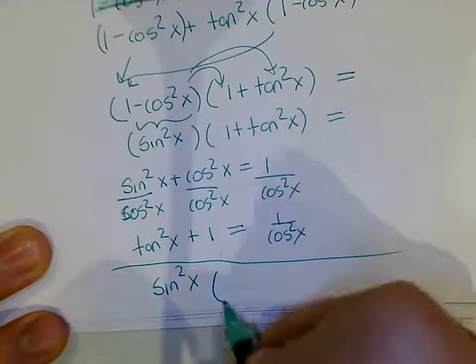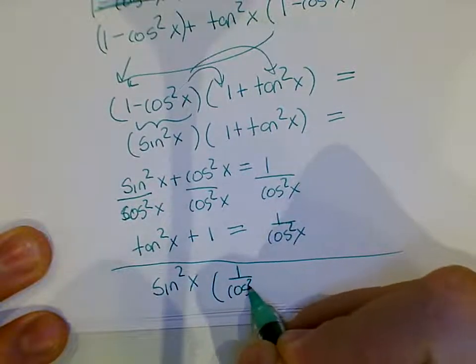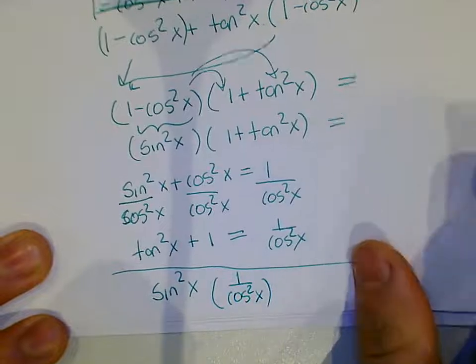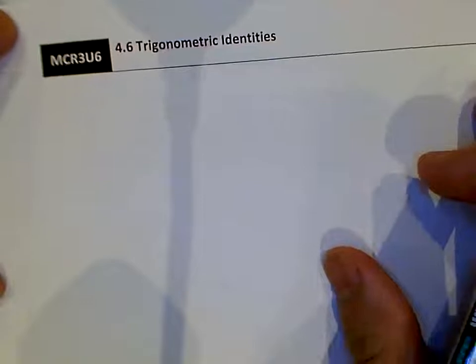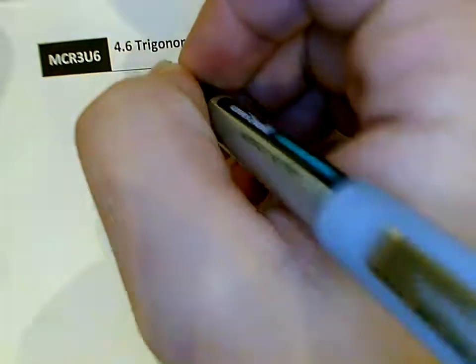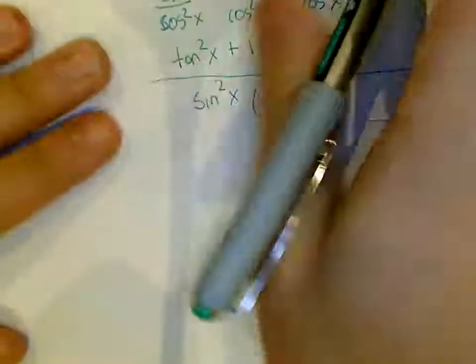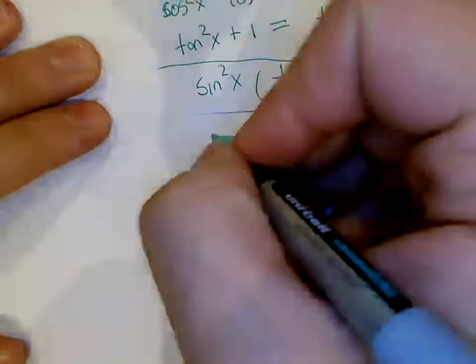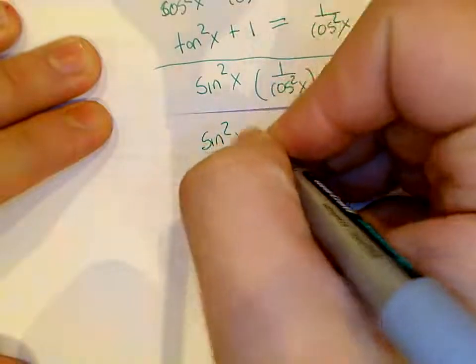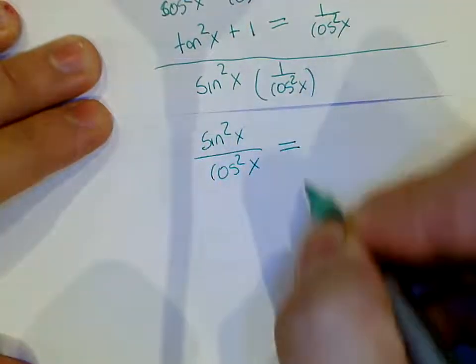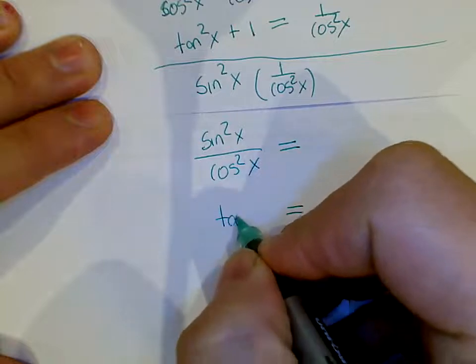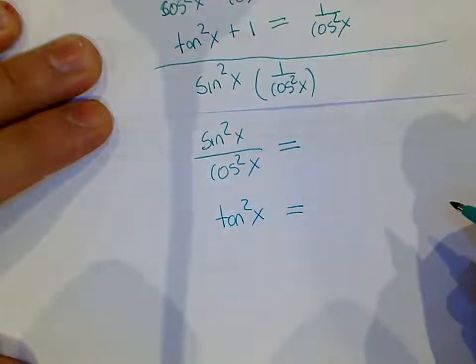So I had sine squared x times 1 over cosine squared x. And I'm running out of space here. So let me finish that up over here. Essentially what I'm going to end up with is sine squared x over cosine squared x. And that's the exact same thing as tan squared x.